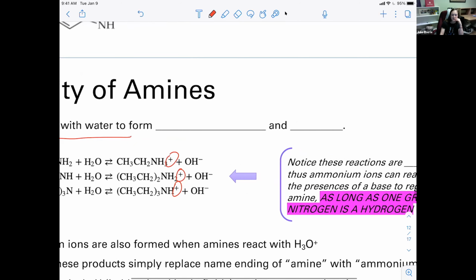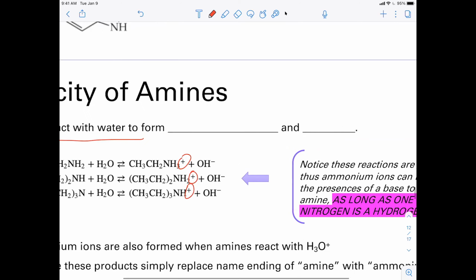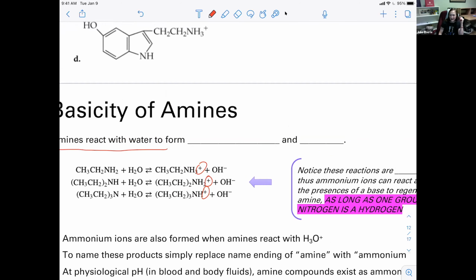It's right over here. Is it ammonium? It's okay to say I don't know. Yes, it's ammonium, to form ammonium ions.